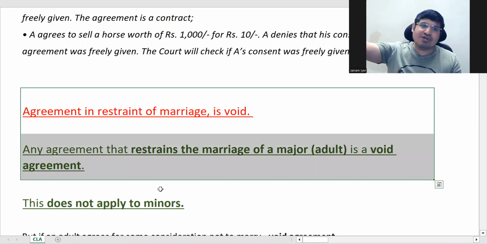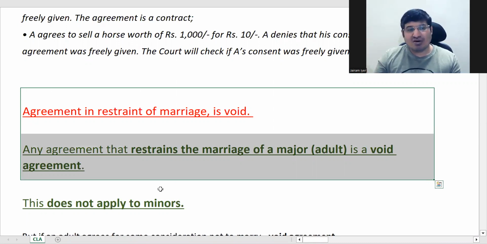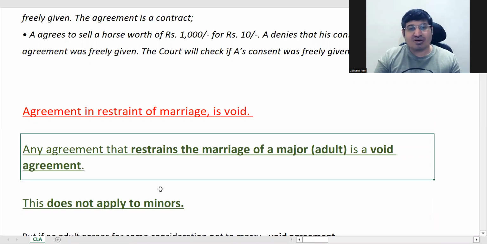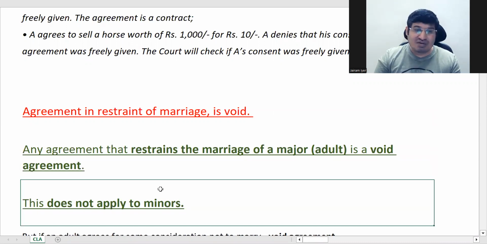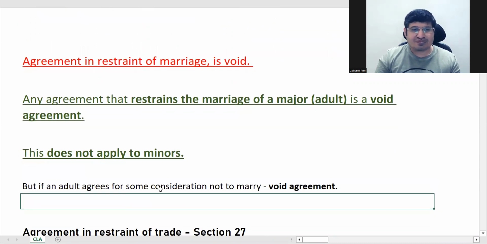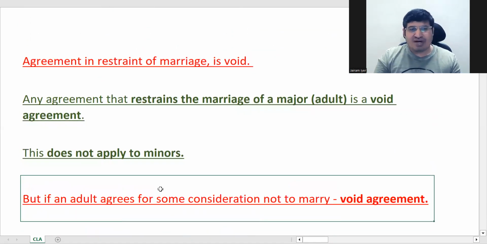General law is above, mercantile law is below the general law, in terms of priority. When the general law has already made it illegal, mercantile law doesn't have to do anything here. So it doesn't apply to minors; we are talking about majors here. If an adult agrees for some consideration not to marry, it is a void agreement.